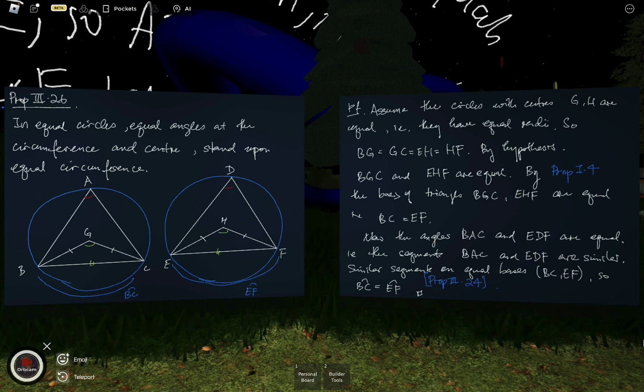But we are making a conclusion about the smaller arc, right? But the circles are equal, so we're subtracting the bigger arc from the circumference, and we're getting left with the smaller arc. So BC and EF, like those two circumferences, are then equal. So I'll just say that bit, right? So that's it. That's it for the proof. So really, it's an application of proposition 24.